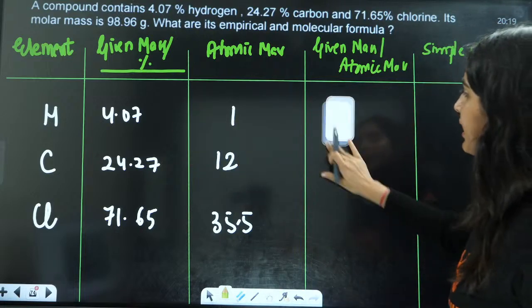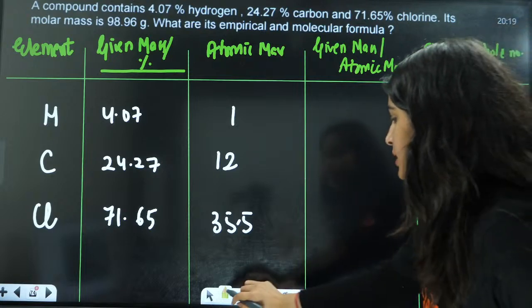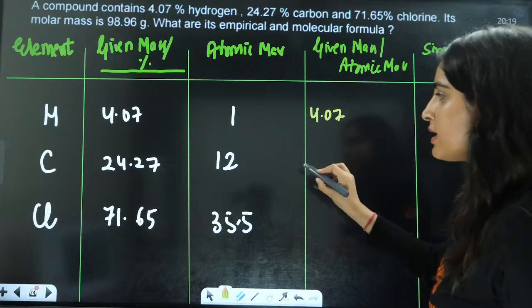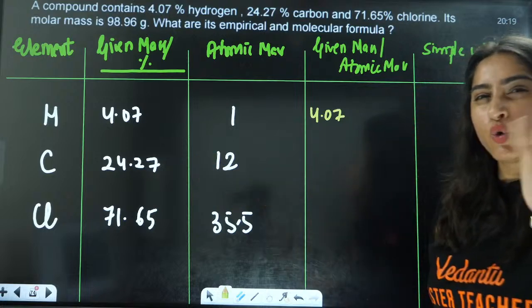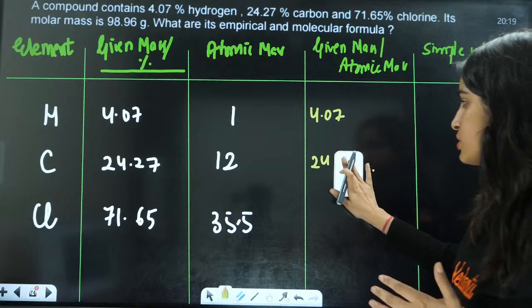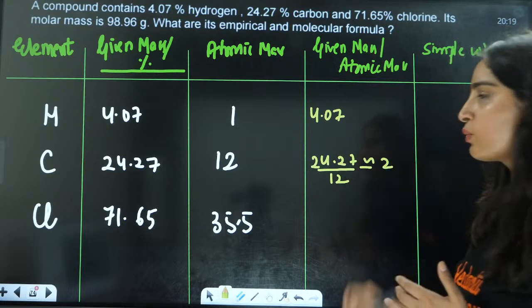Here you will get 4.07. Here you will get 24.27 divided by 12, that is approximately equal to 2.